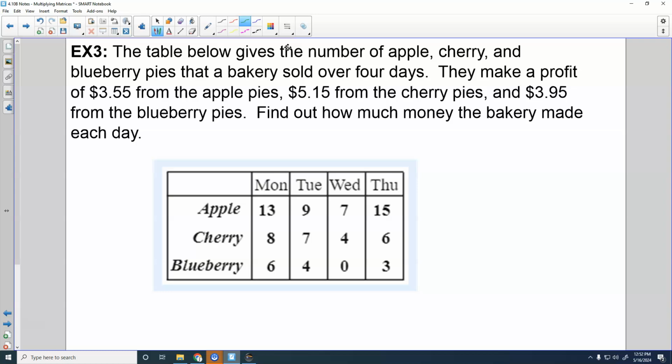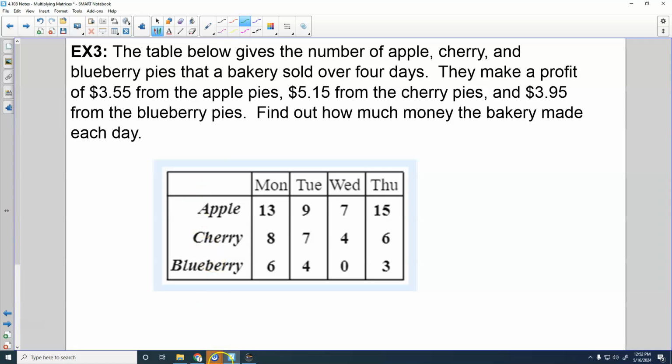We've got a bakery and they sell apple, cherry, and blueberry pies, right? And then we've got Monday, Tuesday, Wednesday, Thursday. But you think about scaling this up to be all Little Debbie cakes that you could possibly make. Little Debbie has way more different varieties that they're going to sell, right?